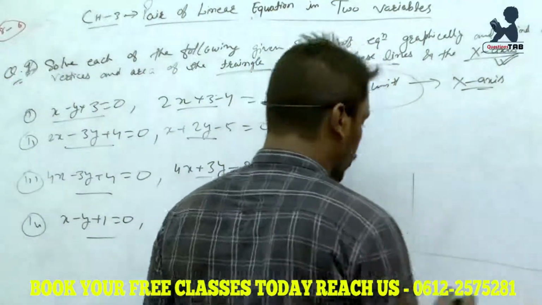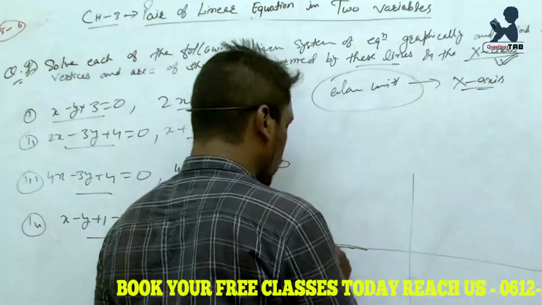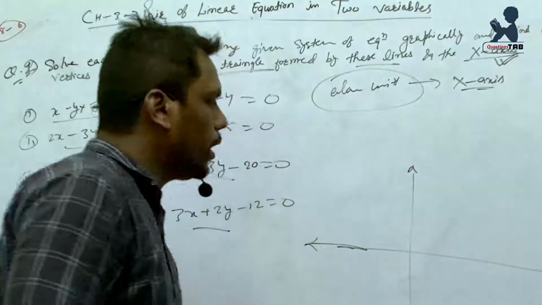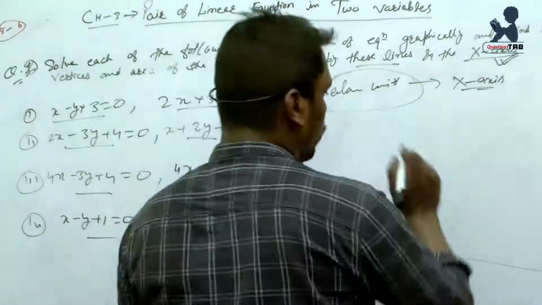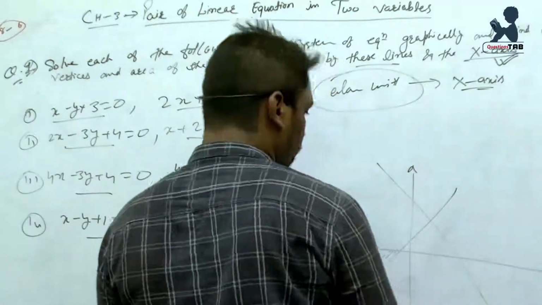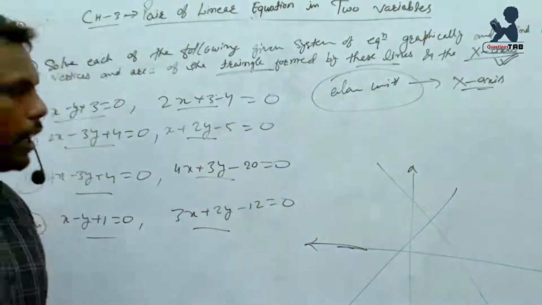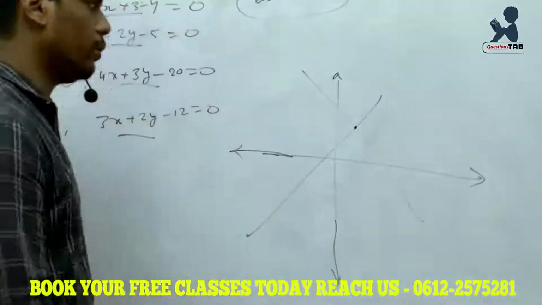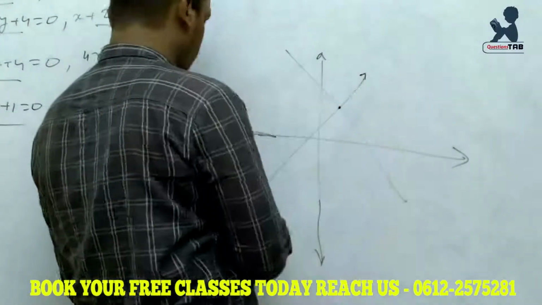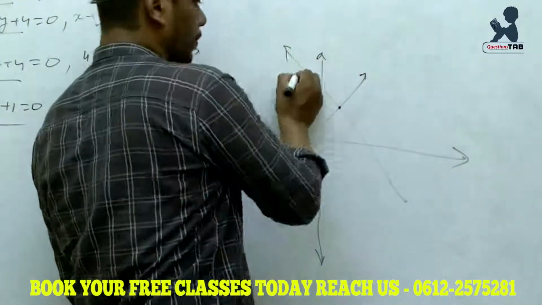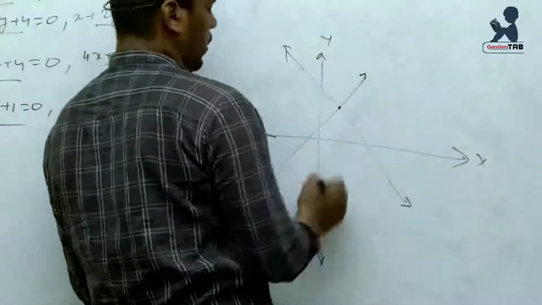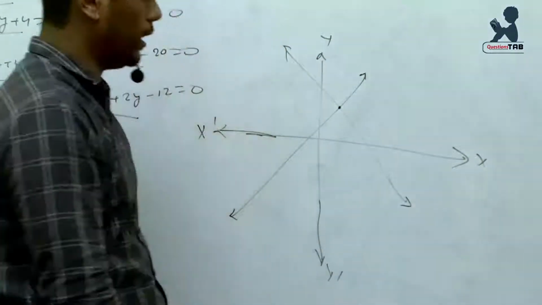In this type of question, we get two lines like that, and this is the cutting point of these two lines, and this is the x-axis and this is the y-axis.